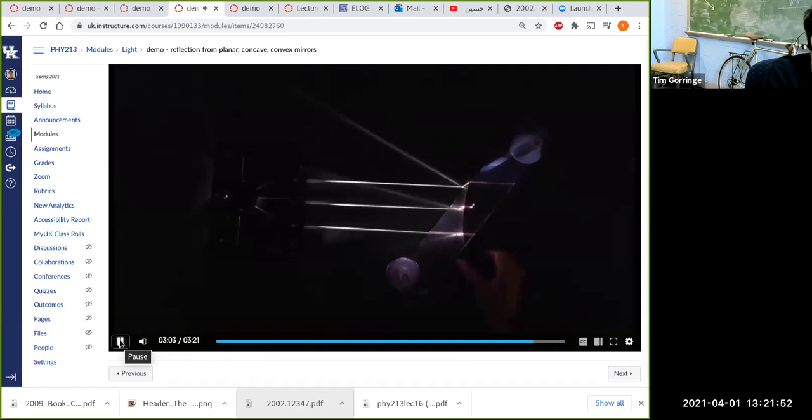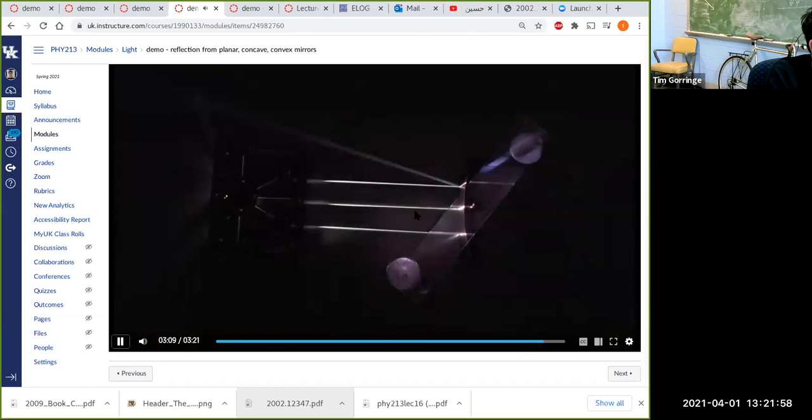And here you see the light rays that are reflected. It's a little hard to see, but you can see these reflected light rays. And you see what it does? It diverges the light rays. It's bending the light rays away from the optical axis.